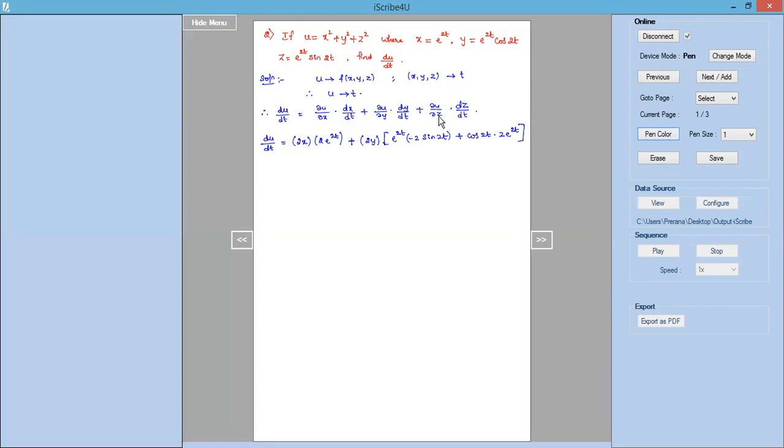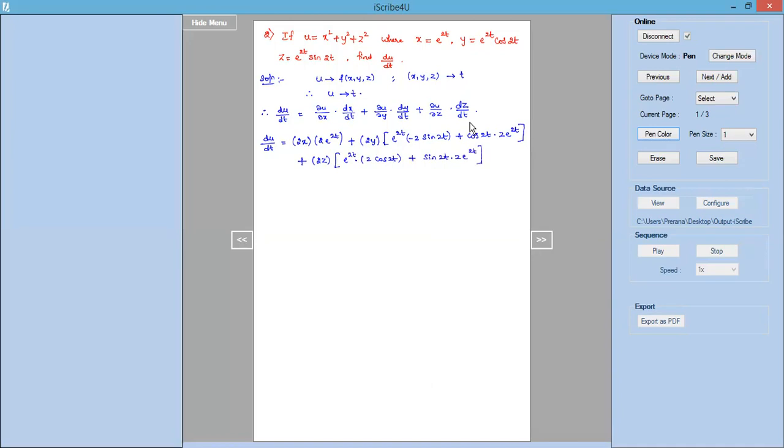So dou u by dou z gives us 2z multiplied by dz by dt. dz by dt means we have to differentiate z with respect to t. So right hand side we have a product e power 2t into sine 2t. So product rule is applicable here while finding dz by dt. So first I will keep e power 2t as it is into differentiation of sine 2t is 2 into cos 2t plus sine 2t as it is. Differentiation of e power 2t is 2 e power 2t.